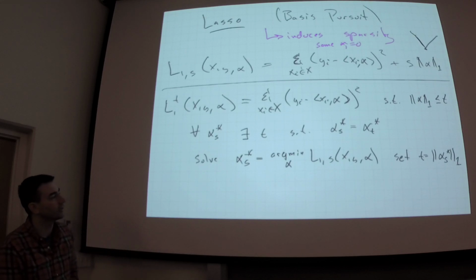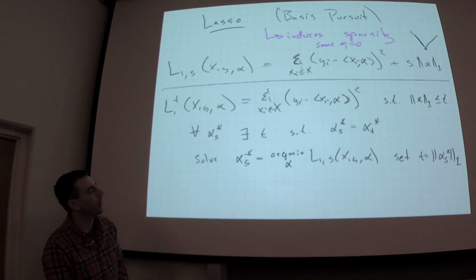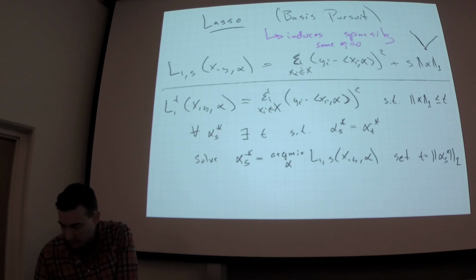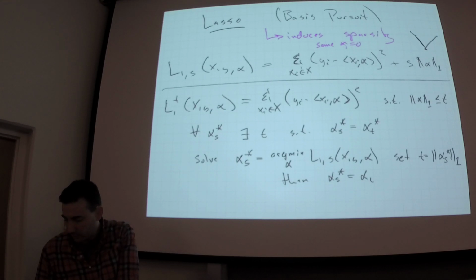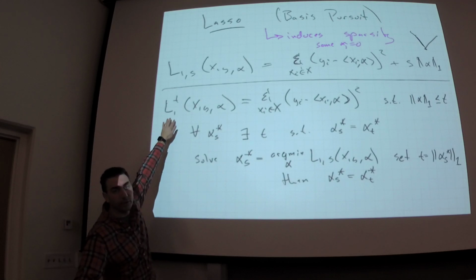If I set T this way, then I argue that alpha S star equals alpha T star, which is the argmin of this formulation.